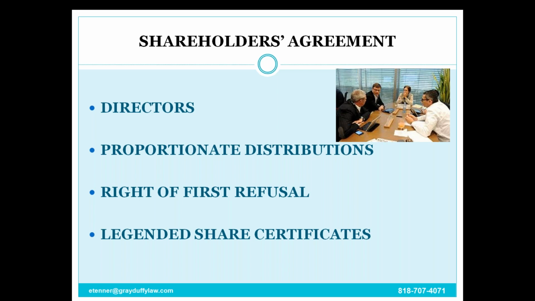You won't be able to get the interest back. Whereas if there's a legend on the stock certificate, then any buyer is deemed to have notice of the shareholders agreement and is deemed to be on notice that there may be some provisions that they're taking subject to, and they will take subject to those provisions. So that's really important.